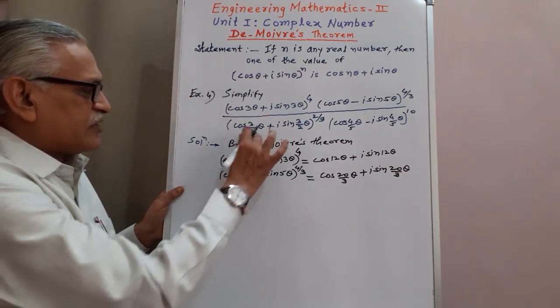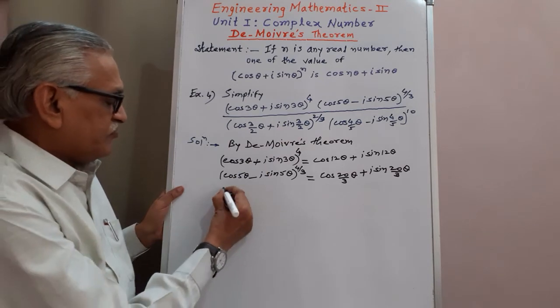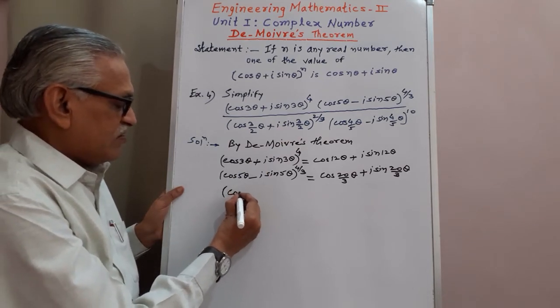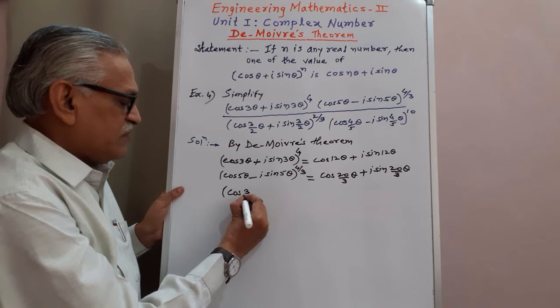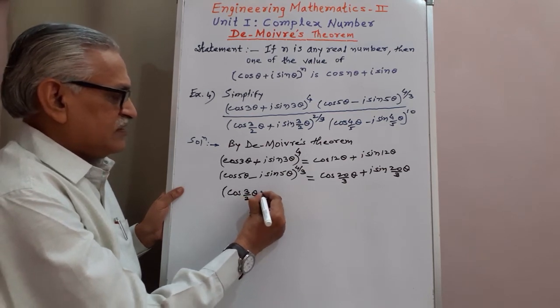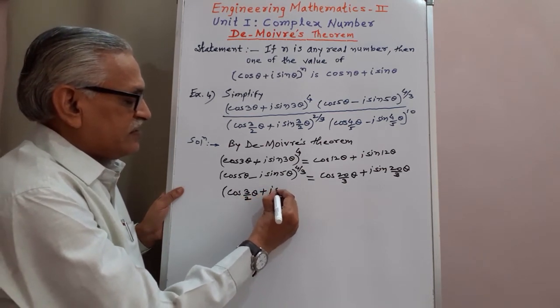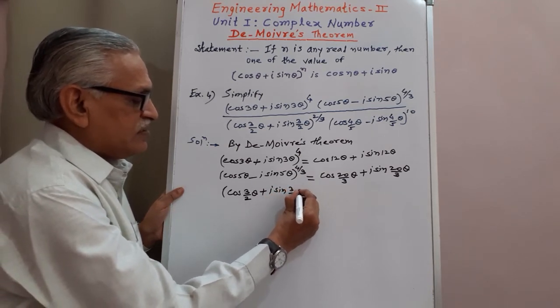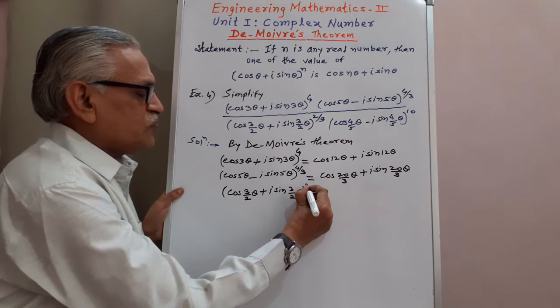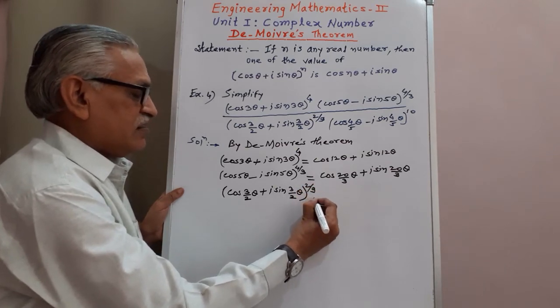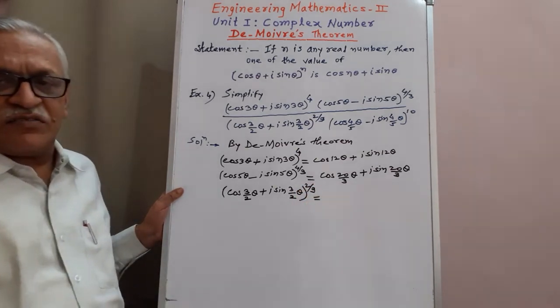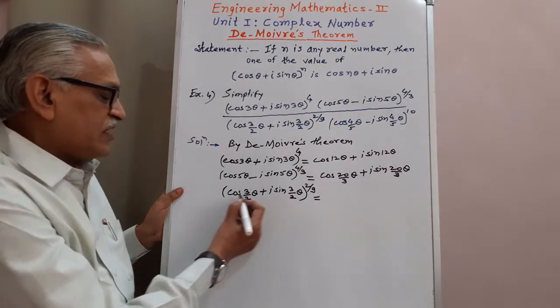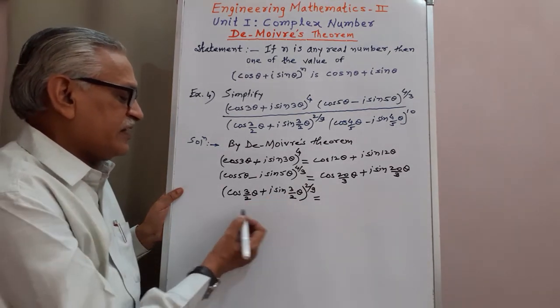Then the expansion for the third term, (cos of 3/2 θ + i sin of 3/2 θ) raised to 2/9. Again by applying de Moivre's theorem, it is cos nθ + i sin nθ.